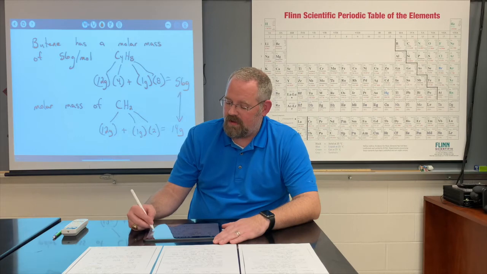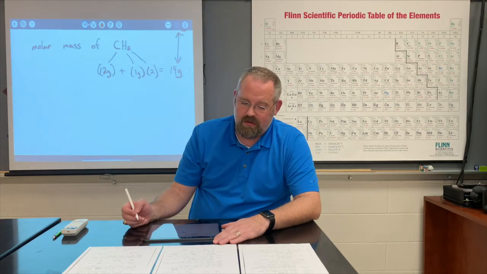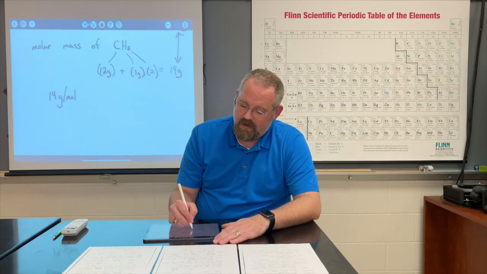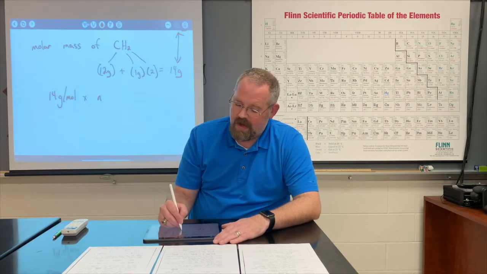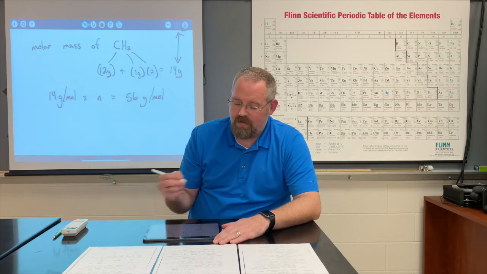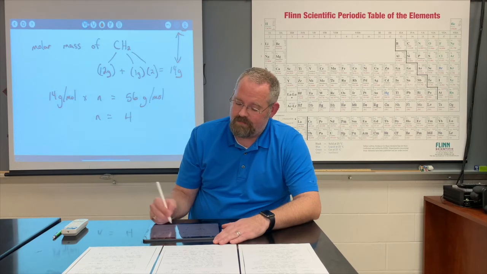I can figure out, I have a ratio here. I can use a very simple equation of 14 grams per mole times some factor N equals 56 grams per mole. So if I rearrange my equation, that means N is equal to 4.